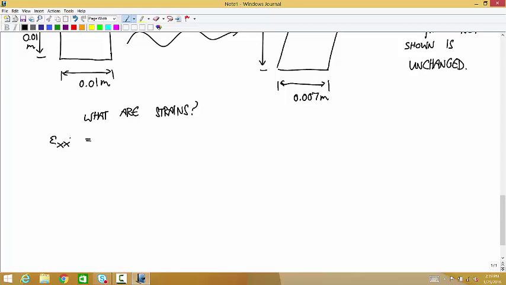Okay, so EXX is the deformed length minus the undeformed length divided by the initial length. And so you get 0.003 divided by 0.01. This should be negative. And you get a value of negative 0.3.